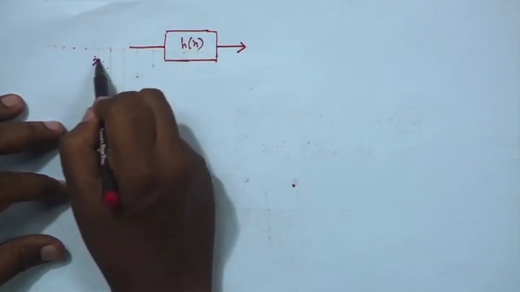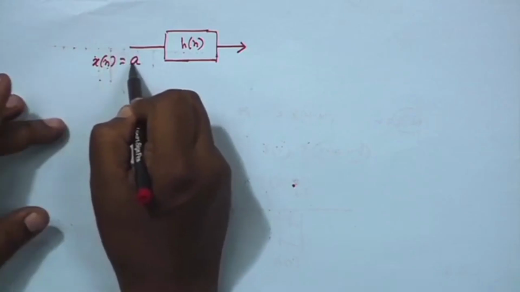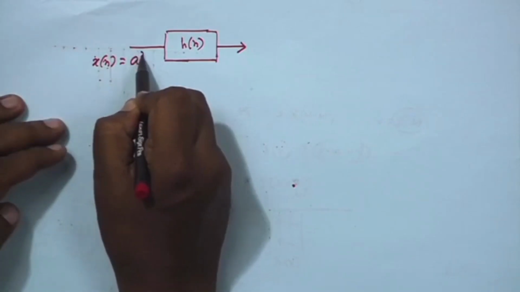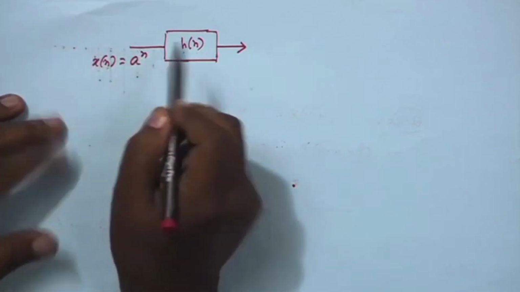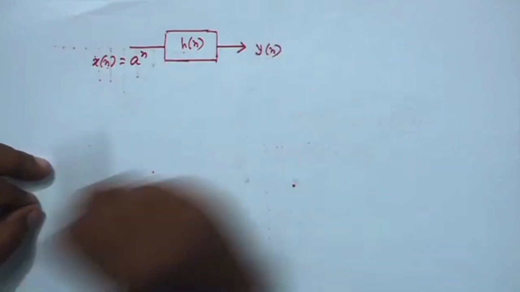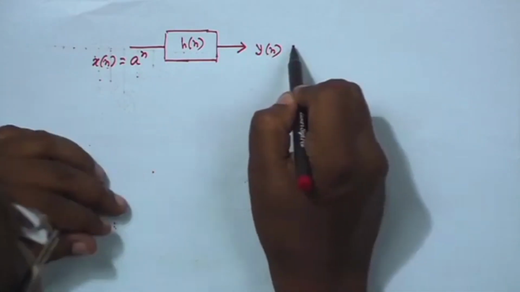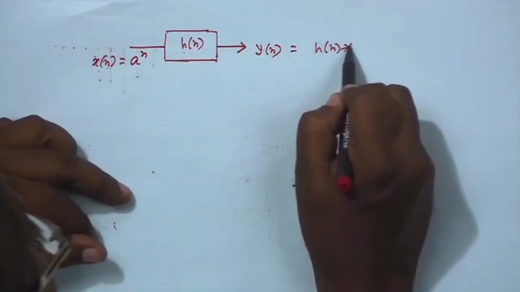You give a sequence x[n] of the form a to the power n, where a is some number, real or complex; to be general, it is complex. It is not causal: n positive, n negative, for both we get values. What is the output? The output will be the convolution, and I prefer h convolved with x, that form.